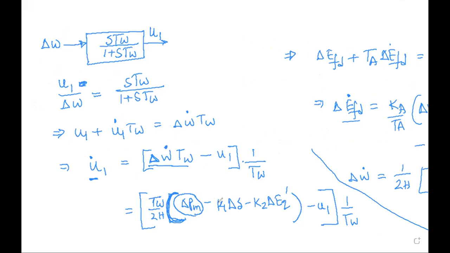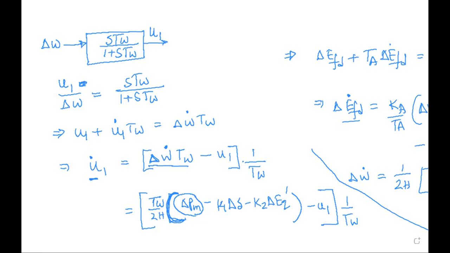This TW and TW would be cancelled. Actually, the part TW won't appear for any of these three. It will only appear for this one. So 1 by TW would be multiplied with this, and you will only have minus U1 by TW. But for the first three parts, there won't be any TW in the denominator.